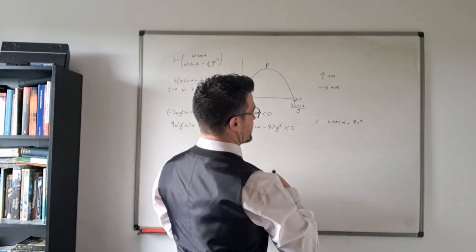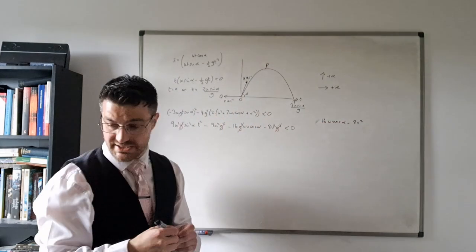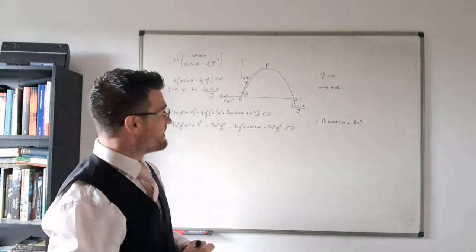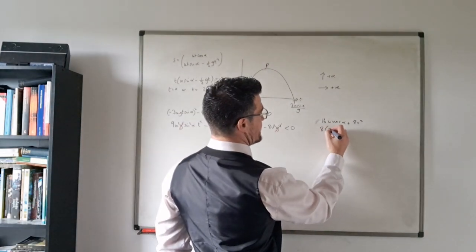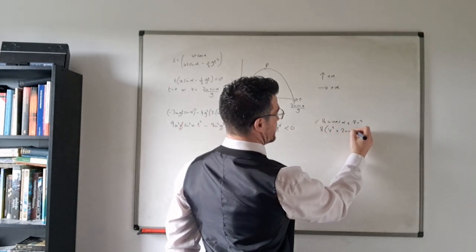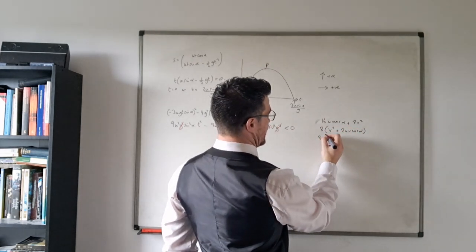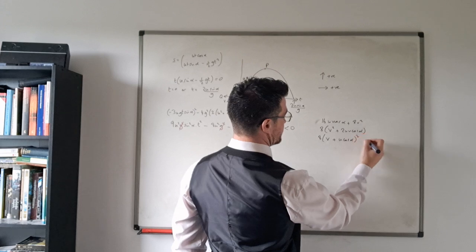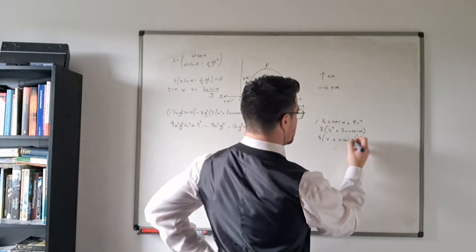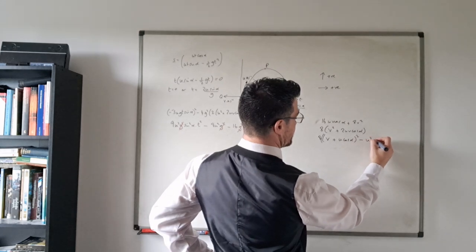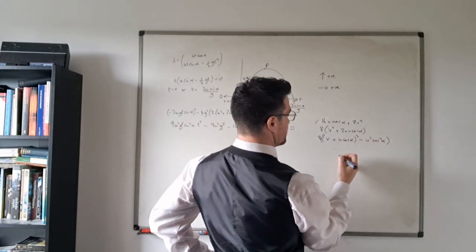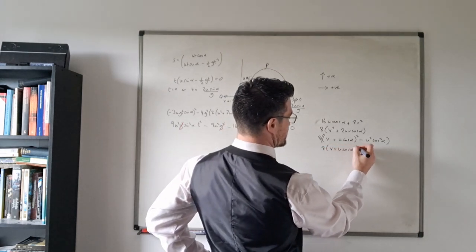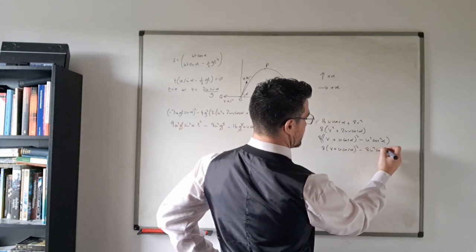And I completed the square on this, treating it as a quadratic expression in v. So I got 8v squared plus 2uv cos alpha, which gives me 8 times v plus u cos alpha squared minus, I want to get this right, u squared cos squared alpha, which is 8 times v plus u cos alpha squared minus 8u squared cos squared alpha.